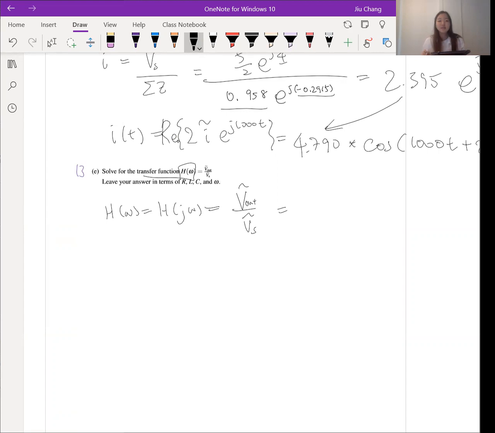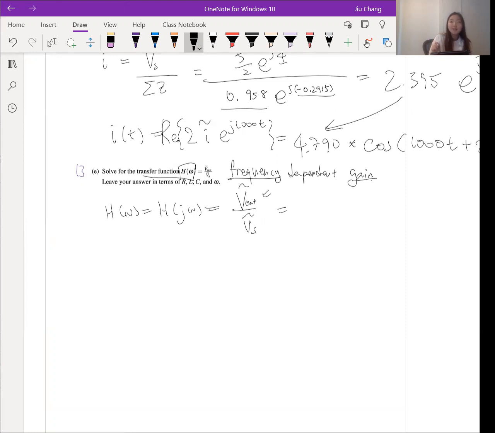But the transfer function is also referred to as frequency dependent gain. So gain comes from the fact that we are dividing our output by our input, but notice that it's frequency dependent.